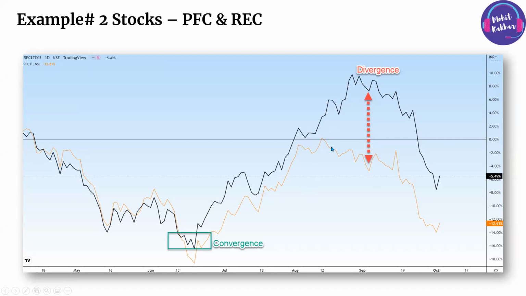And exactly at the place where you have the mouse, the divergence looks very good compared to the previous divergence on this particular chart. So what is the trigger, or what do you exactly check that okay, this is the point where I am going to take the trade?